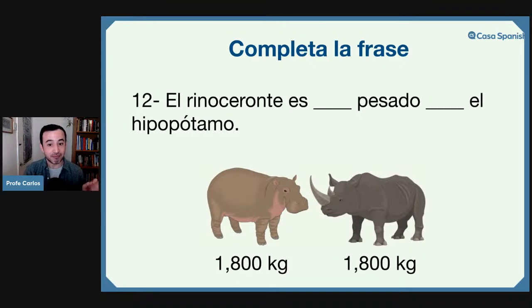Pesado means heavy. So that is our adjective. So what is the structure? El rinoceronte es pesado, el hipopótamo. We're talking about weight, pesado, heavy. They're the same. So what do we have?